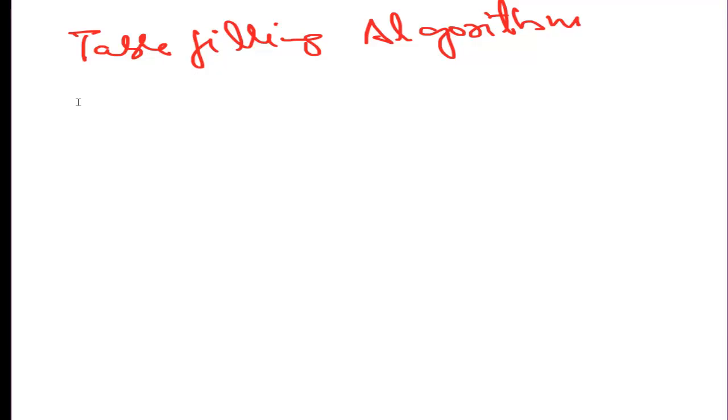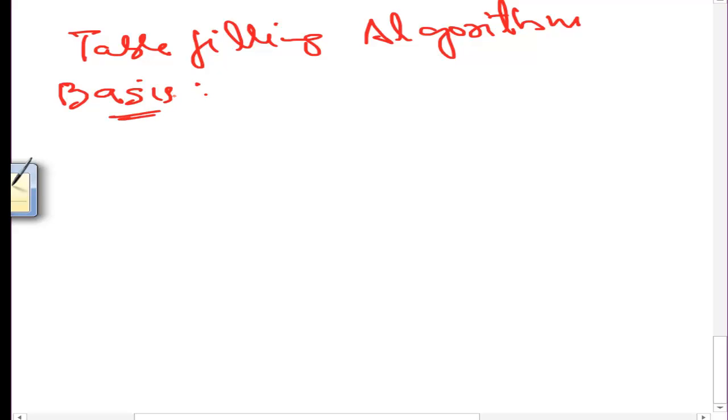Right. So we have some basis for this. What is our basis? It is how we can say some states are distinguishable.